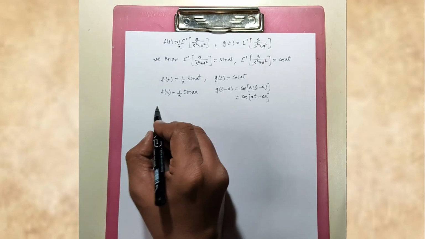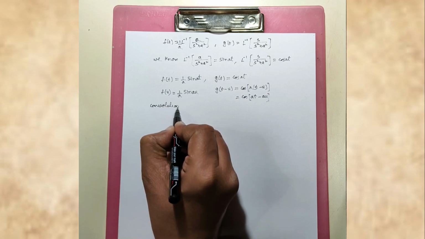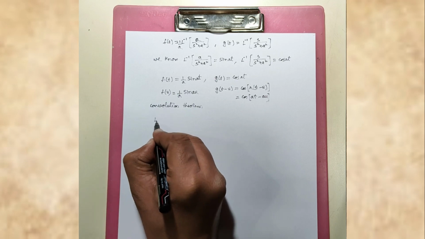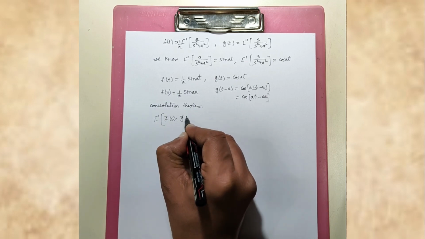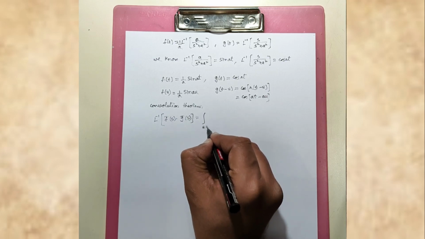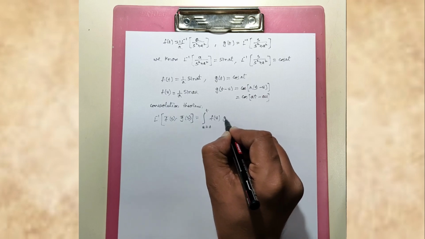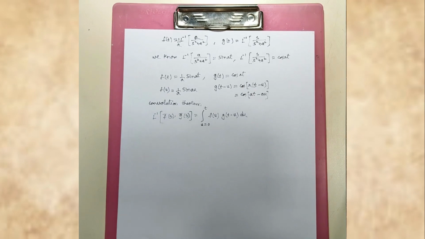Now if you use the convolution theorem: L inverse of f bar of s into g bar of s is equal to the integral from u equals 0 to t of f of u into g of t minus u du.